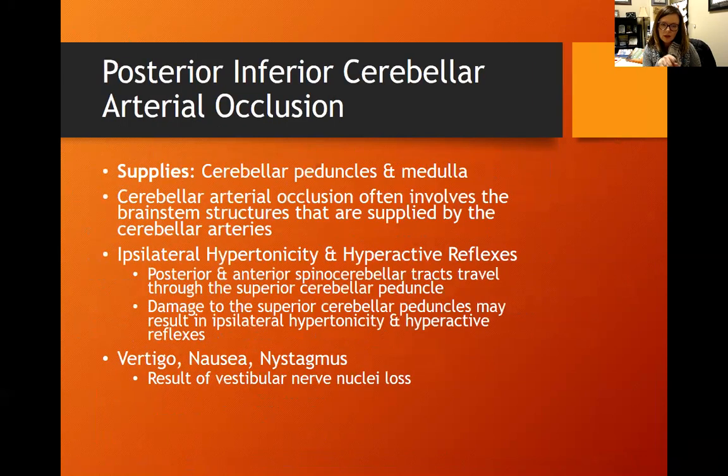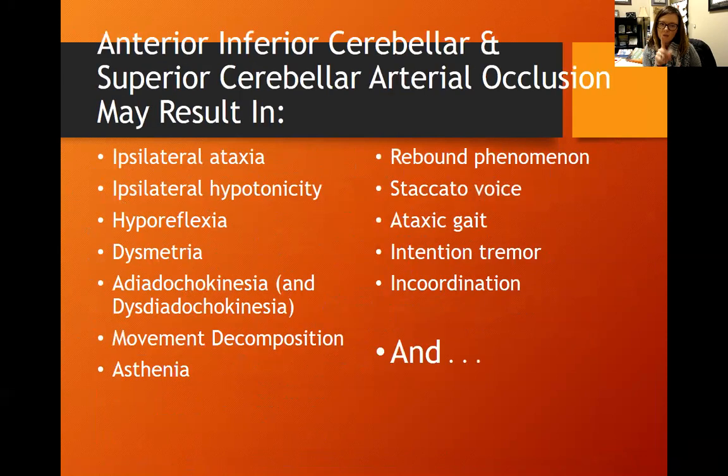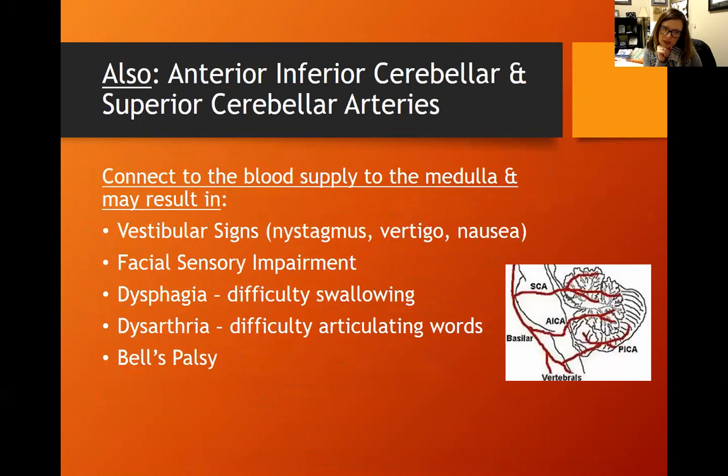If we go back, look, we've got hypertonicity for the PICA, and we've got hypotonicity for the AICA. Hyporeflexia, dysmetria, dysdiadochokinesia, movement decomposition, rebound phenomenon, now you know how to test for that, ataxic gait, intention tremor, and incoordination. And they may also have vestibular signs, sensory impairment in the face, difficulty swallowing, speaking, as well as Bell's palsy.